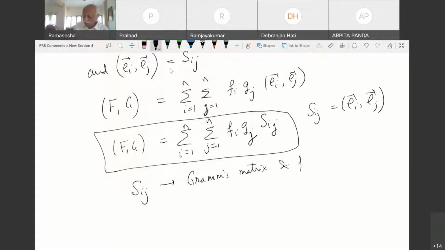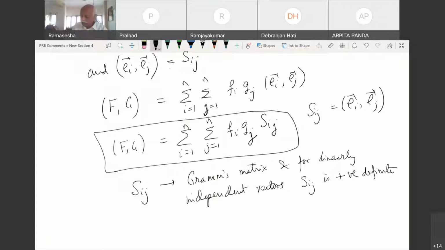And for linearly independent vectors, S_ij is positive definite. This is something that I taught before, and if you have not read it, it is your problem, not mine. I'm not going to repeat it.